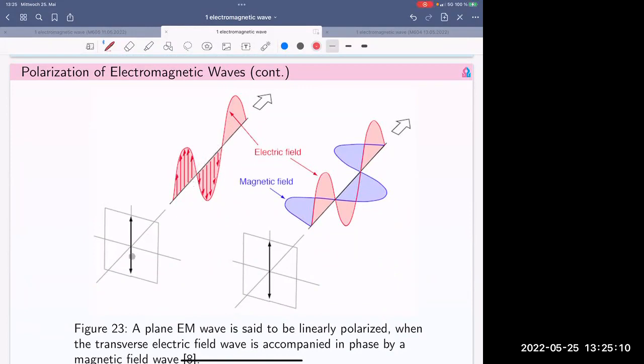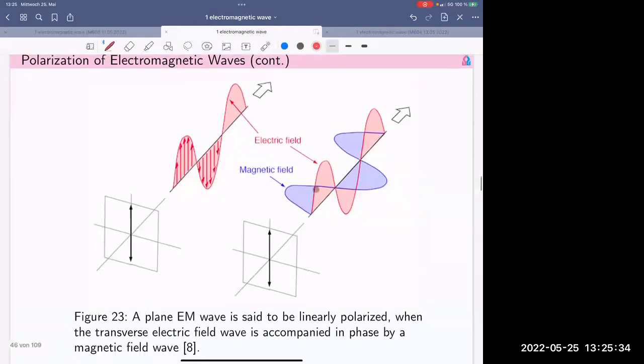Okay, here you can see that there is fluctuation of the electric field in the vertical way, right? The fluctuation takes place along the y-axis, going up and going down, right? That's what we have seen before, right? That's the typical way of the electromagnetic wave at the beginning.